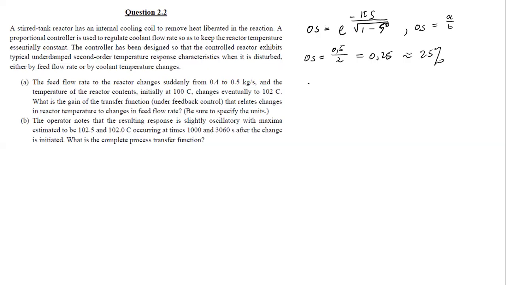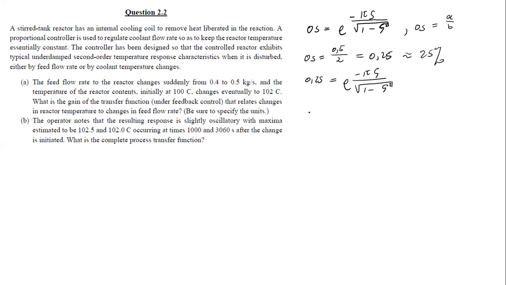Now I'm going to substitute my overshoot, which is 0.25, equal to the exponent to the power of negative pi times the damping factor, divided by the root of 1 minus the damping factor squared.